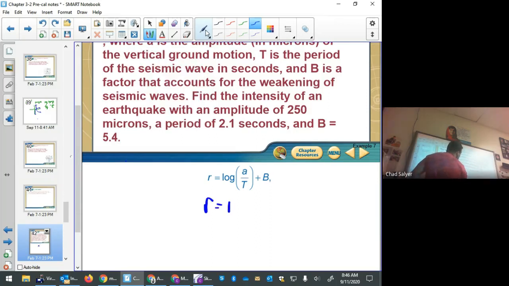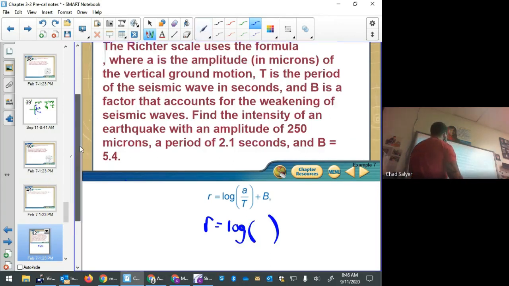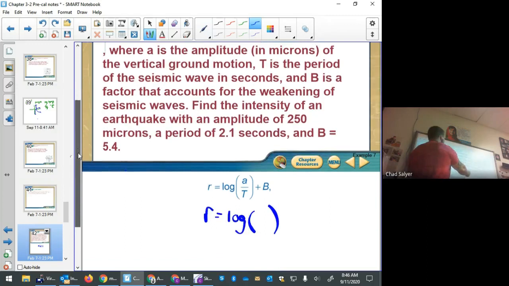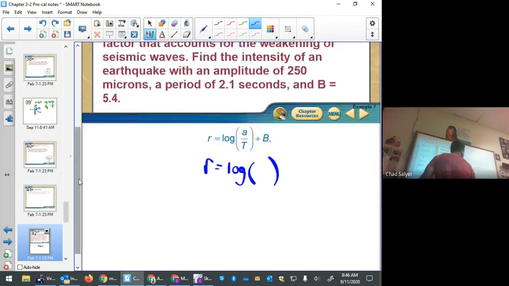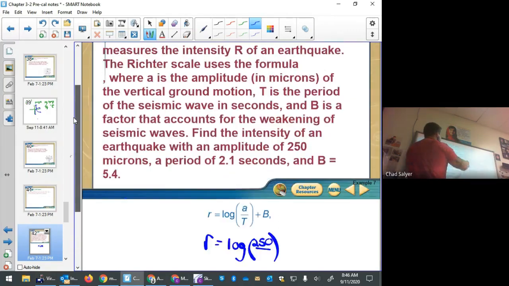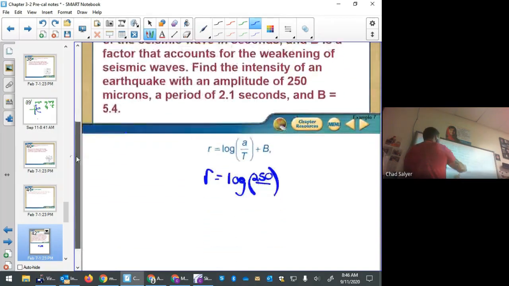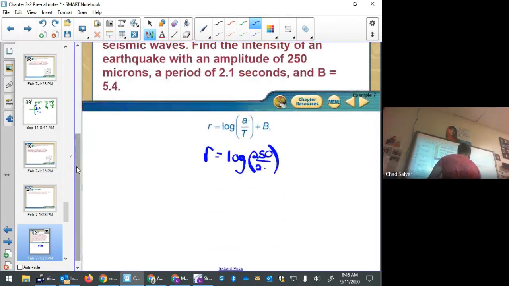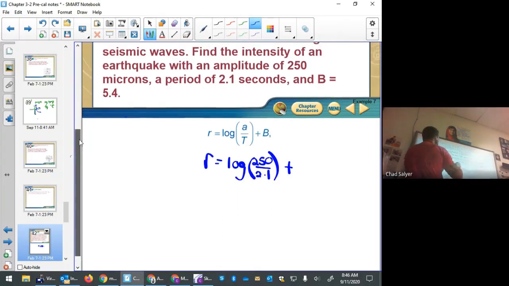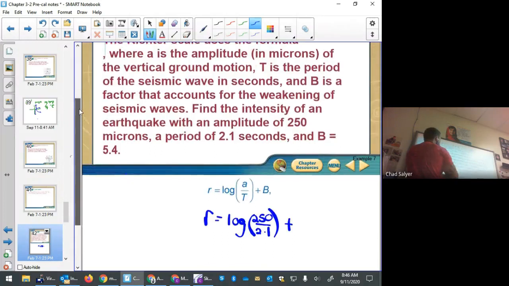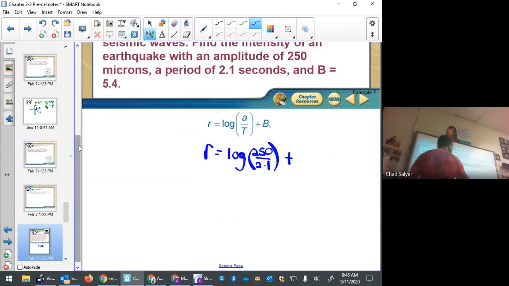So R equals log, and remember A is our amplitude, so our amplitude is 250. Then they tell us T is the period, which is 2.1. And then B is the weakening of the seismic waves, and in this case, that's a factor of 5.4.